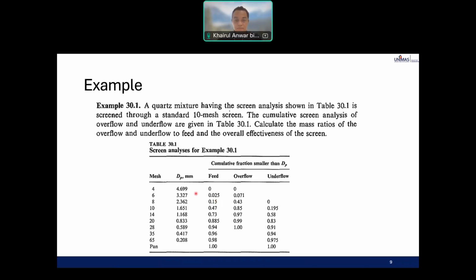So when you reach the pan, we have the feed as the fraction smaller than DP. 1 for the feed, and the floor is 1.